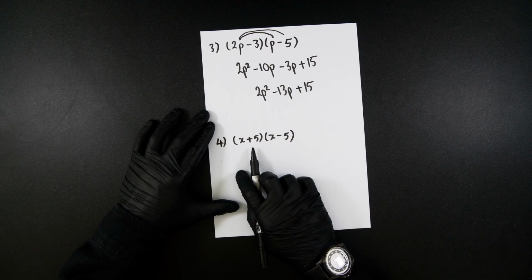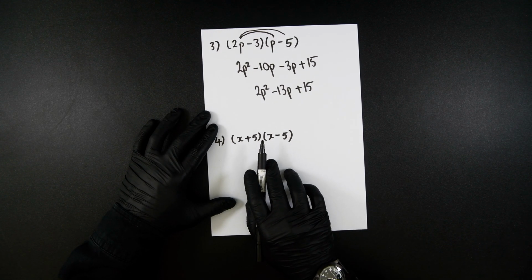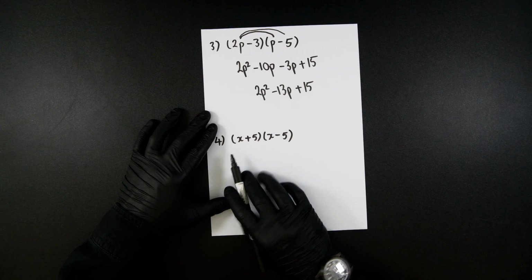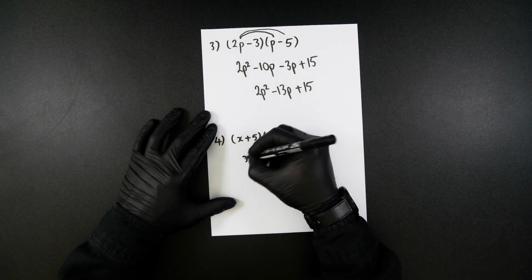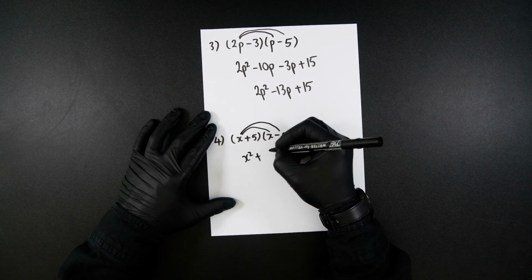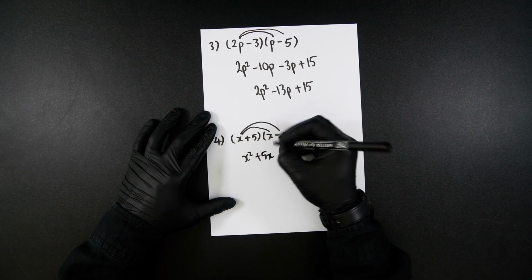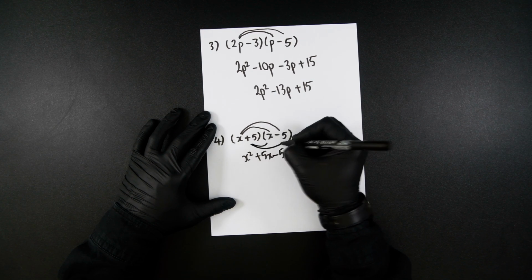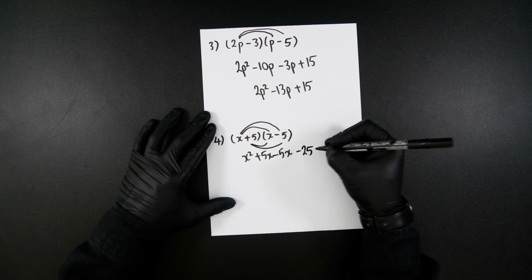Here, we can do the exact same thing, except you can notice that these 5s are exactly the same. So x times x is x squared, plus 5x, minus 5x, and then minus 25.